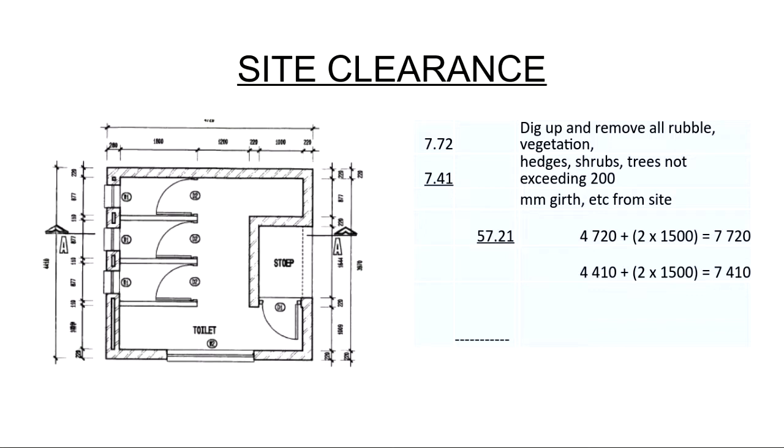Okay, so you will see here on this slide that I have the superstructure plan in front of us. That is because I want to illustrate to you that the 1.5 meters that we are adding around the footprint of the building, we are taking from the superstructure dimensions.